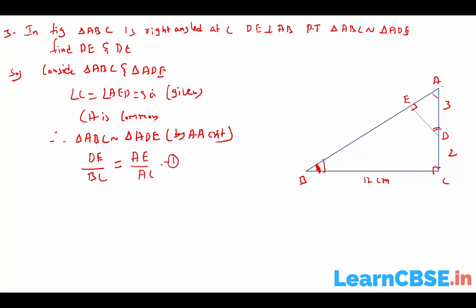Now consider AC is 9, DE by BC value is 12, that equals AD, AE. So AE by AC. AC is nothing but 5. So let it be like this.